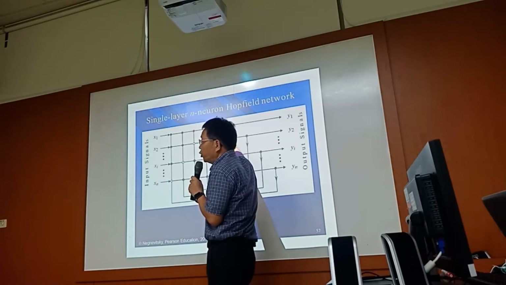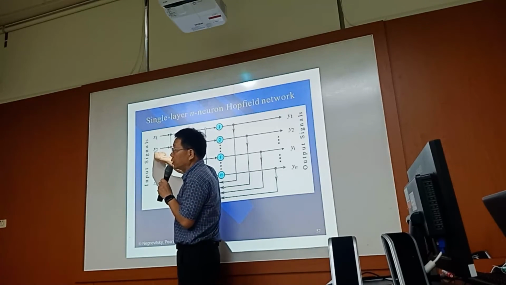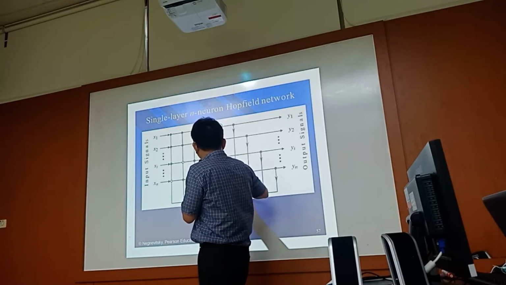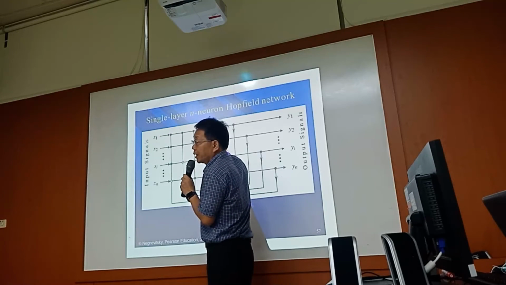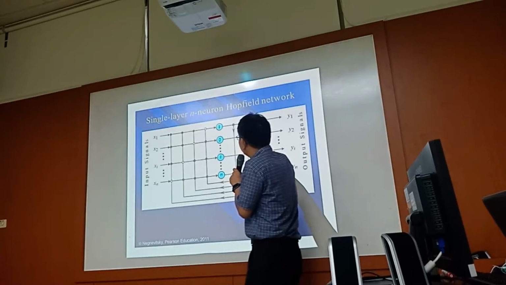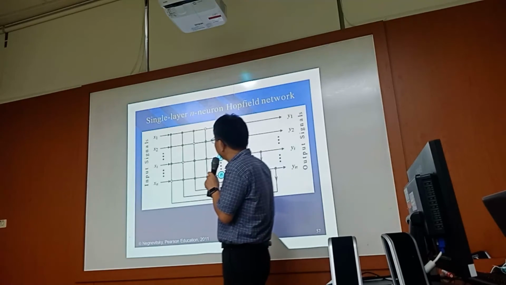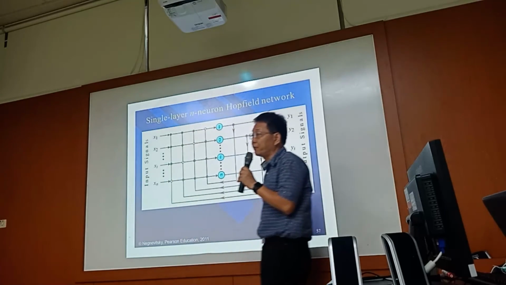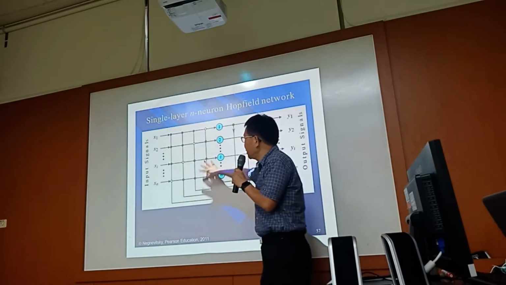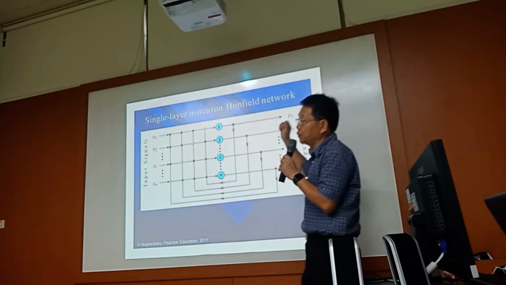For example, node 1 feeds back to which node? To S2, right? No, to Si, to Sn, but not to S1. And node 2, output Y2, feeds back to this one, but not to itself. So roughly this is how you connect the network.